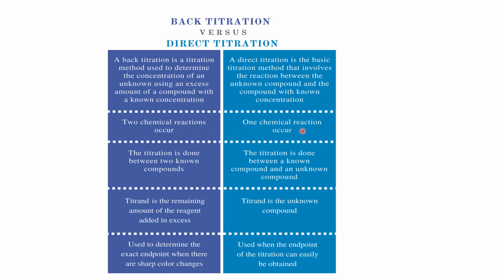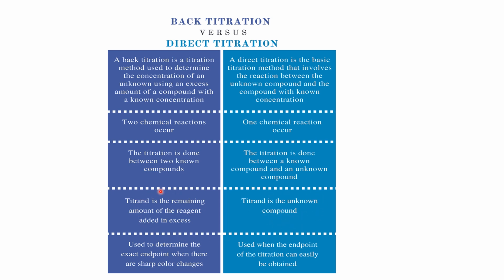In direct titration there is one step, one chemical reaction. In back titration there are two steps, two chemical reactions which occur. In direct titration, the titration is done between a known and unknown compound. Always we titrate a known with the unknown. In back titration, the titration is done between two known compounds. Here the titrand is the unknown compound.